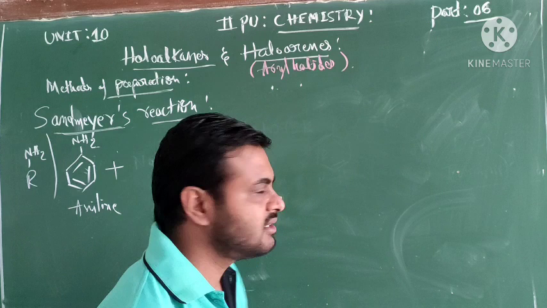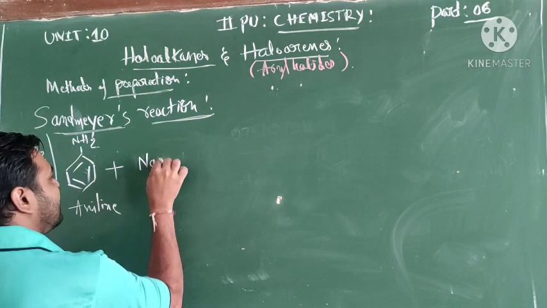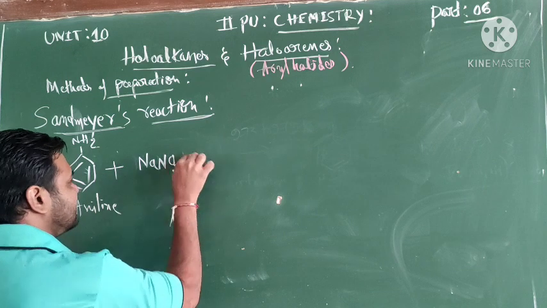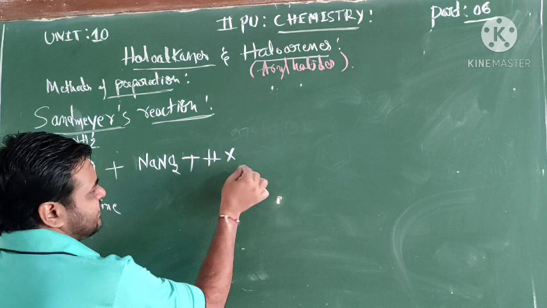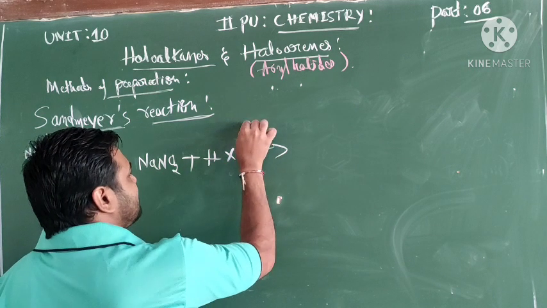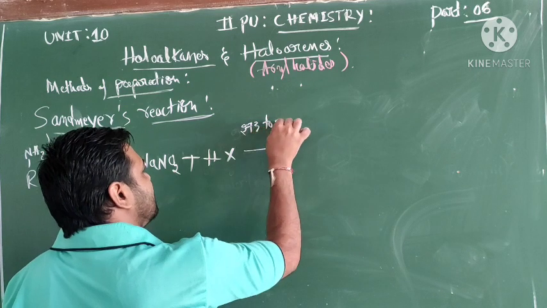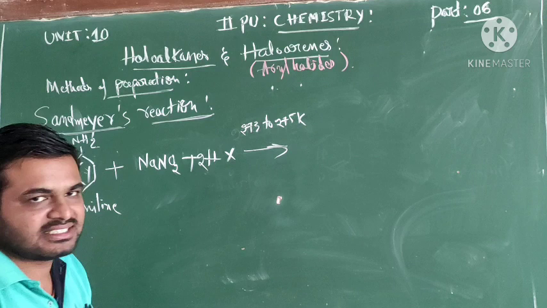Nitrous acid means the combination of NaNO2, sodium nitrite, plus a mineral acid like HCl, that is HX, hydrogen halide, at low temperature, 273 to 275 Kelvin, with 2 molecules of HX.